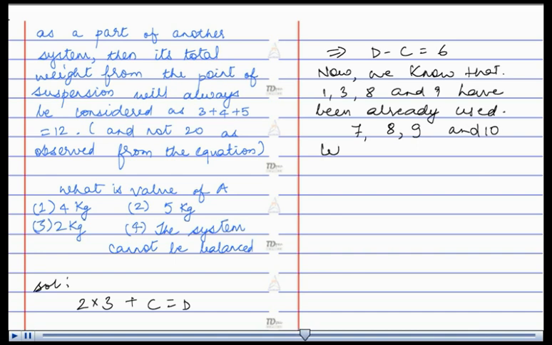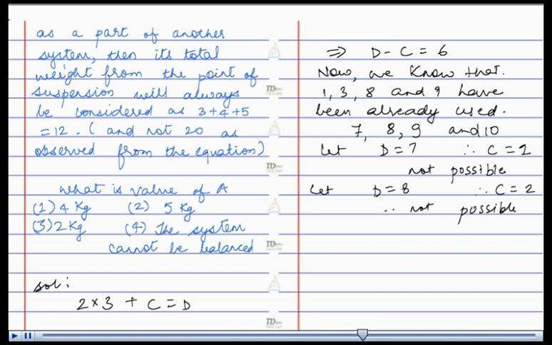Let D is equal to 7. Therefore, C will be equal to 1, which is not possible as weight 1 is already used. Let D is equal to 8. Therefore, C is equal to 2. But weight 8 has been already used, therefore not possible.